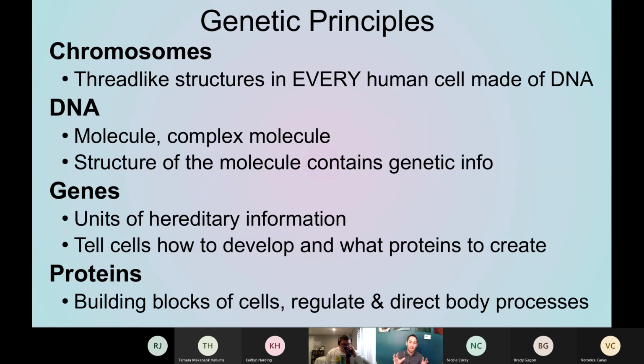So the proteins read the genetic instructions from the DNA. The DNA is like the long strand, like the instructions. A protein comes and reads a portion of that, and that's what we call a gene. And when that protein reads that section, it goes off and does something in the cell.